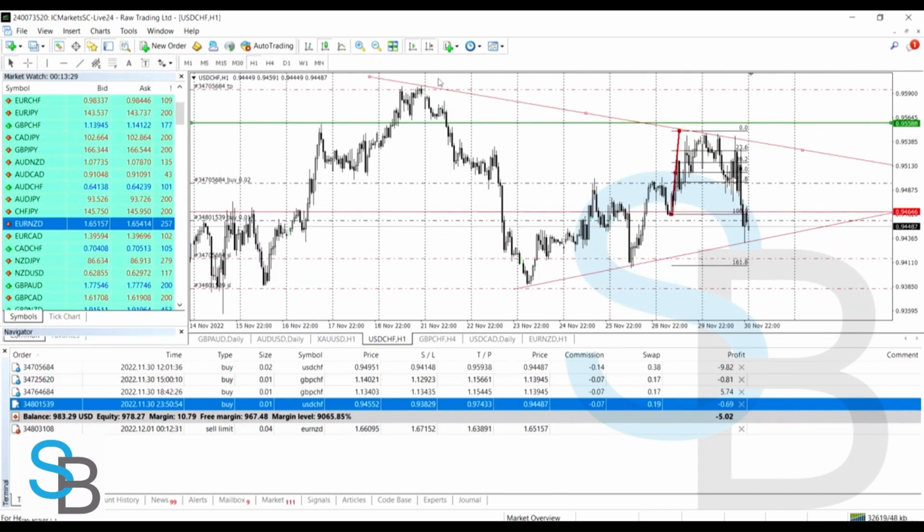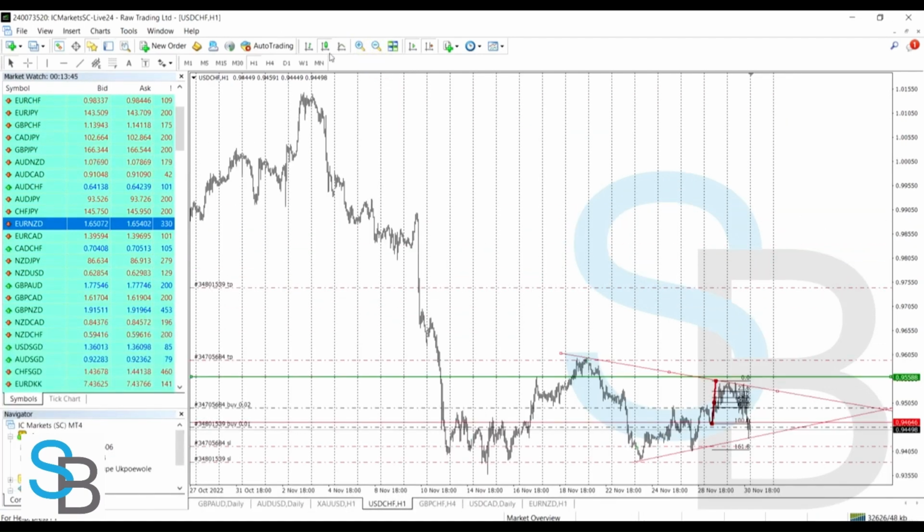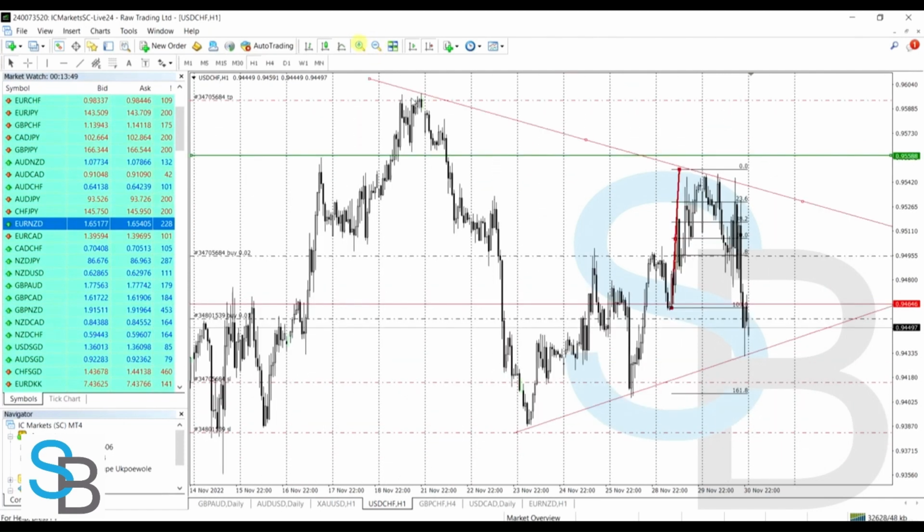I came to discover that the market is forming this kind of pattern. When I draw my trend line from here to here, touching this point and also this point, I now discover that the market is forming a triangular pattern.